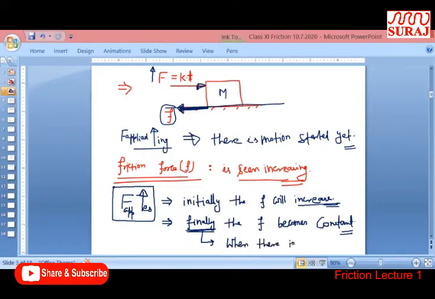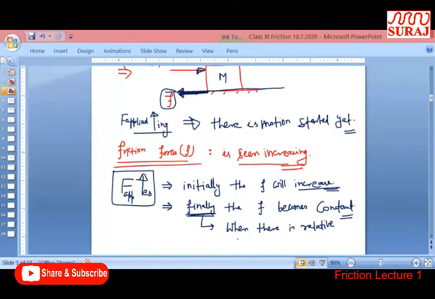When the block starts moving, when there is relative motion between the blocks, then it is found that the opposing force becomes constant. So this is actually the practical observation.